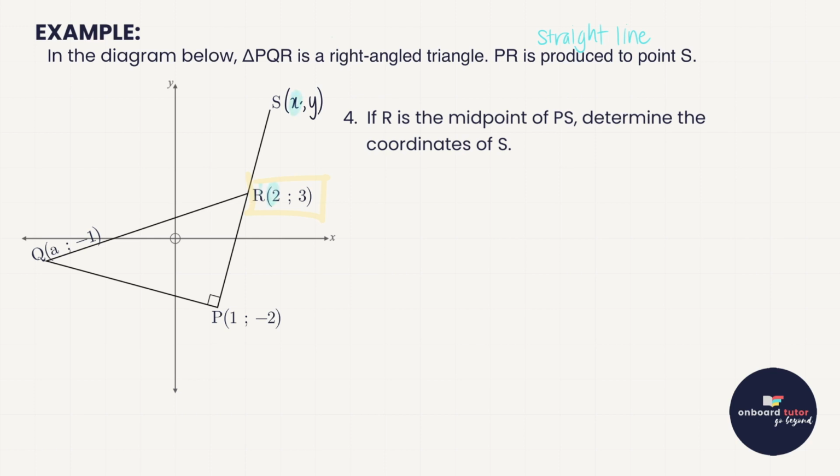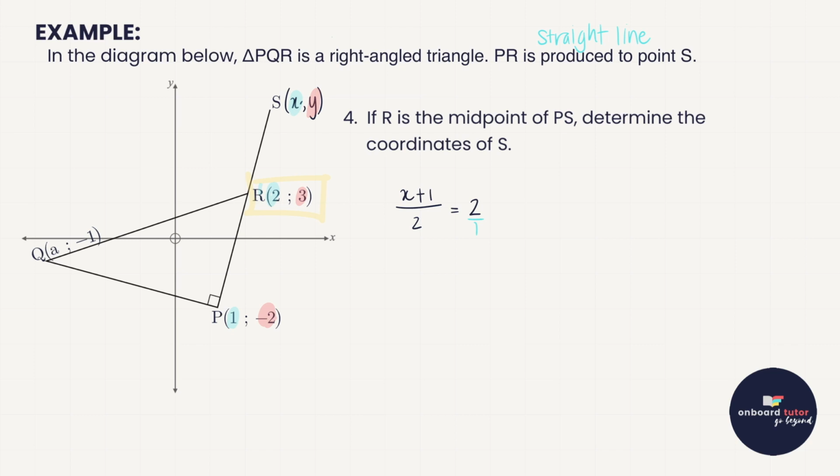So all the x coordinates are going to go together, and all the y coordinates are going to go together. Okay, according to our midpoint formula, if we were to add x plus 1 and divide by 2, we need to get that answer in the middle there, which is 2.